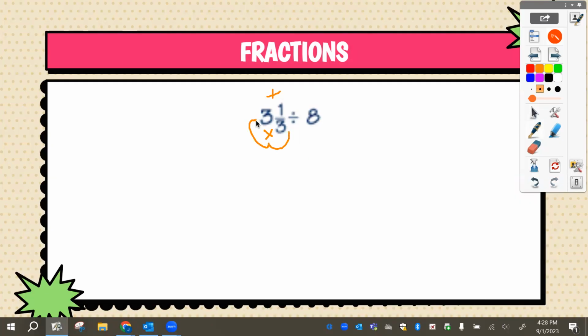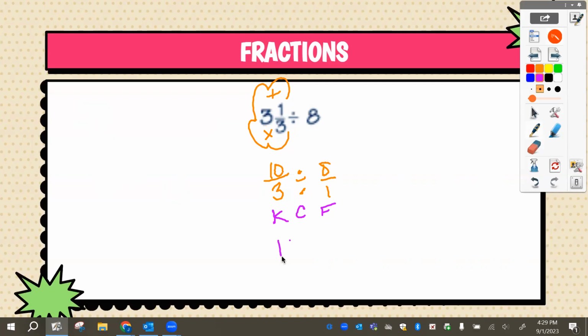So 3 times 3 is 9, plus 1 is 10. Divided by, we're not changing anything yet, 8, and we're going to write that as a fraction by putting it over 1.